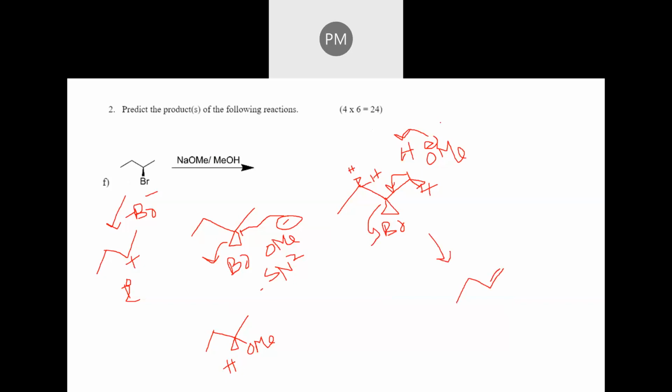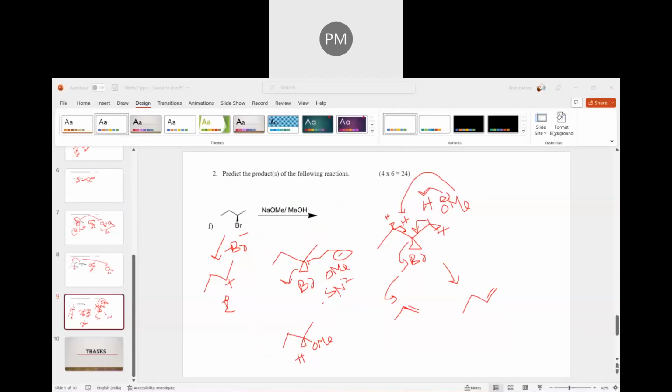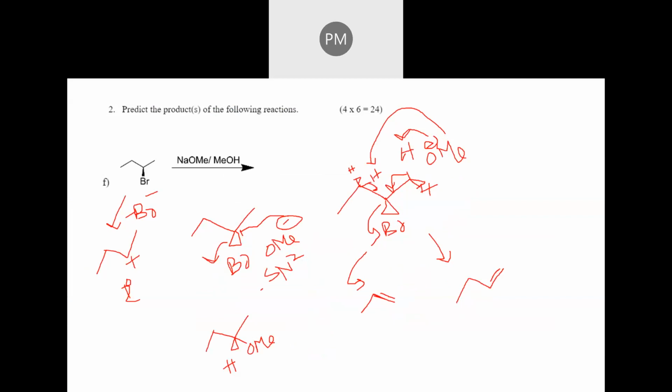In the next case, this OMe abstracts this hydrogen, because this hydrogen and bromide should be anti-periplanar. If one is above the plane, the other should be below the plane. That will come here and Br is liberated out. Now the product will be like that. So the double bond will be here.